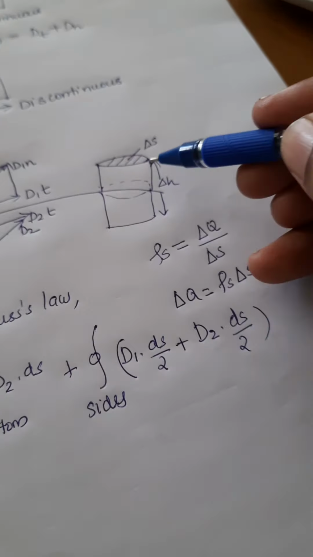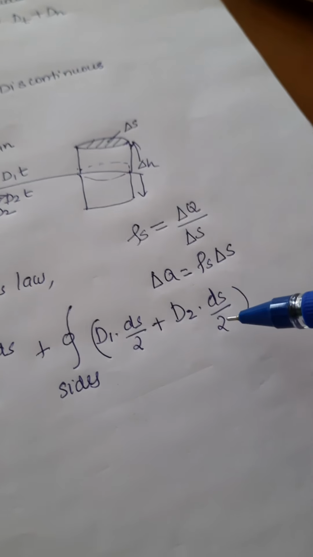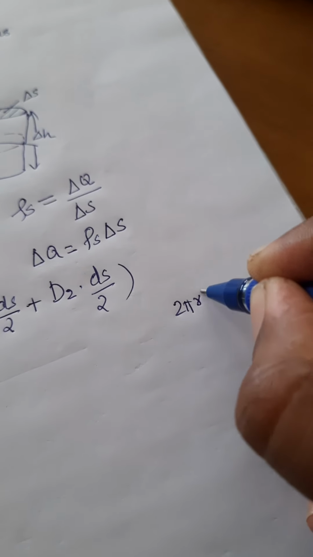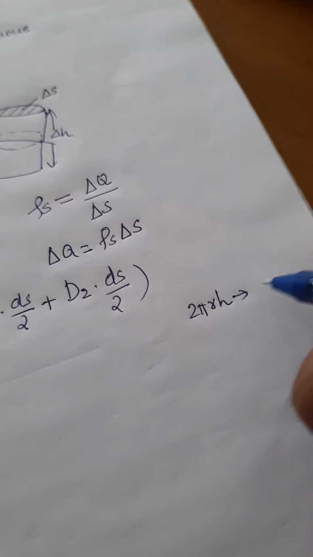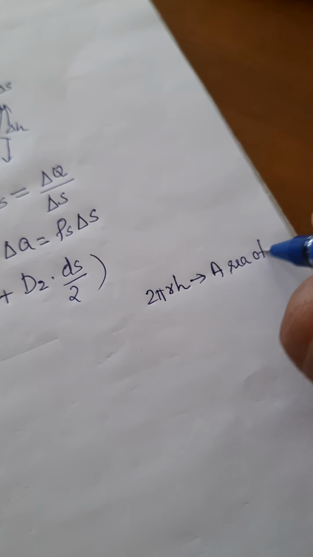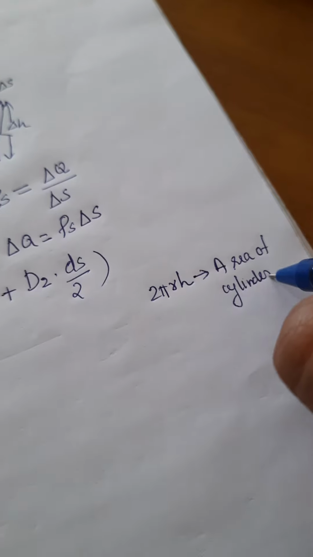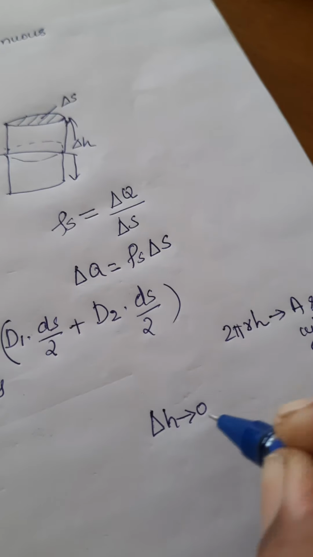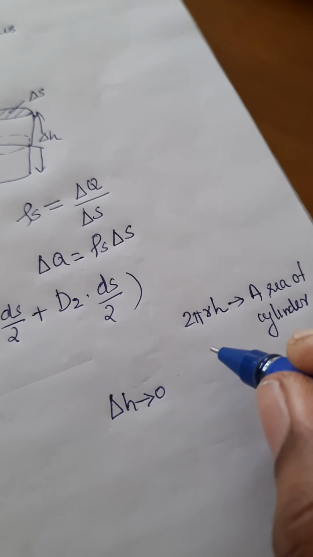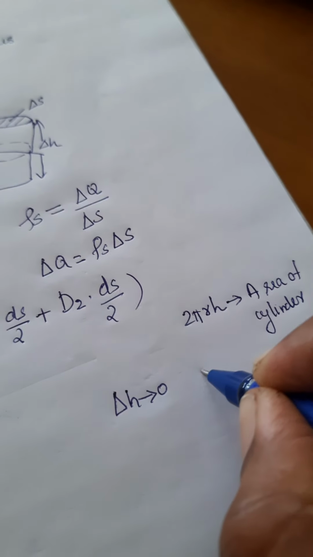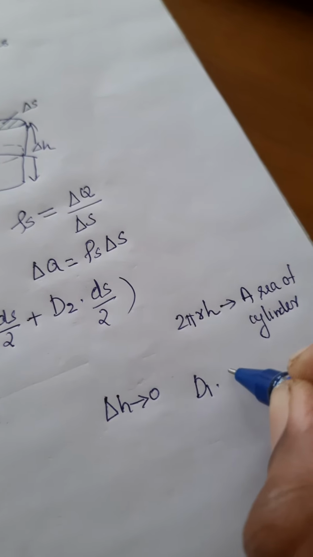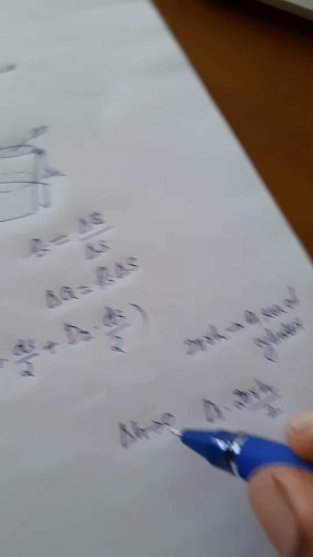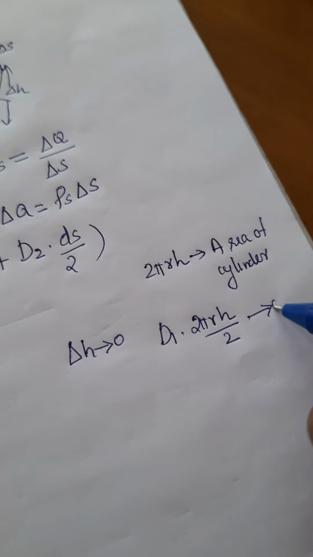When we consider the sides, we know that the cylinder area is 2 pi r into H. As delta H tends to 0, along the side this area, 2 pi r into h by 2, tends to 0.